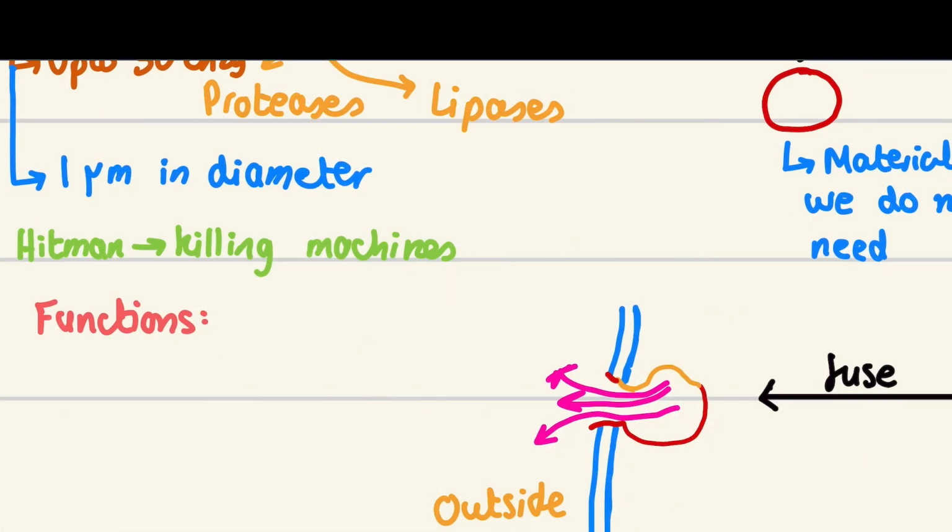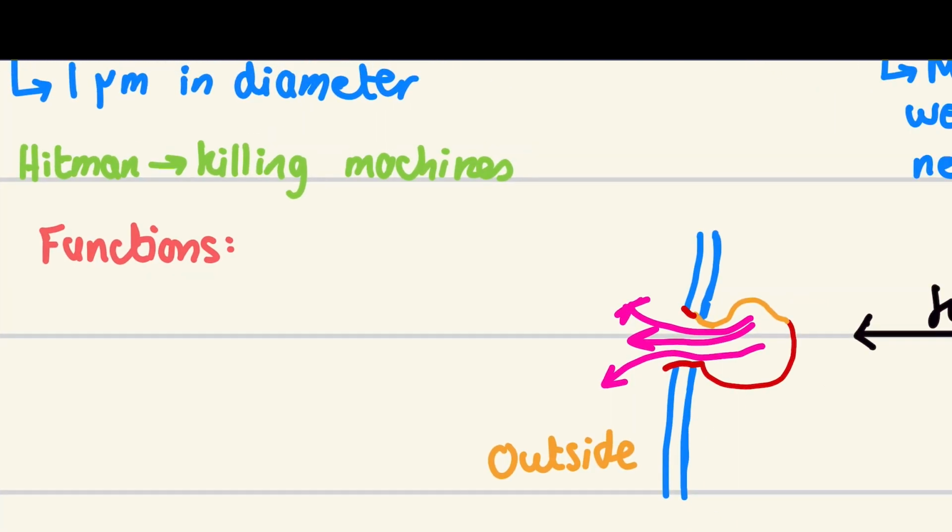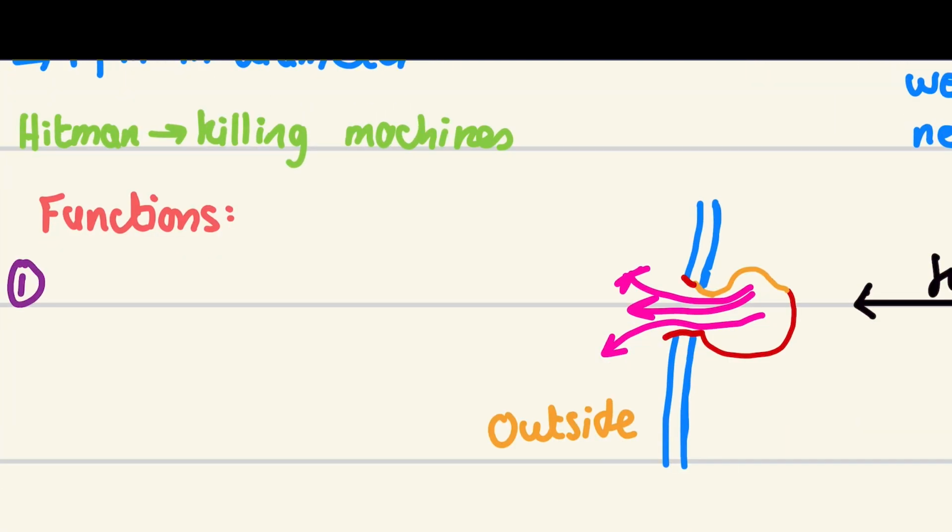Okay, so let's talk about the functions, and I want to quantify it for you so that it's easy. The first thing is something called autophagy, and these terms are important. What autophagy basically means is that I have old or worn out organelles that I don't want anymore.